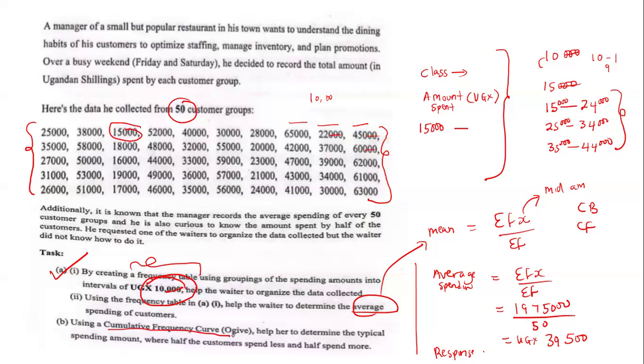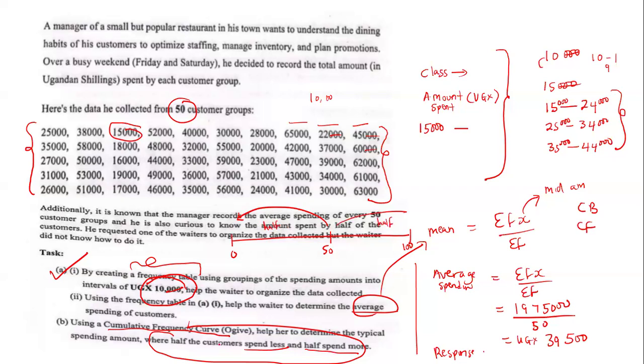Using a cumulative frequency curve, help her determine the typical spending amount where half the customers spend less and half spend more. Now, this statement should not confuse you. If I have my percentages, this is 0, this is 50, and this is 100. This side below 50% is what we call half. This side also is half.